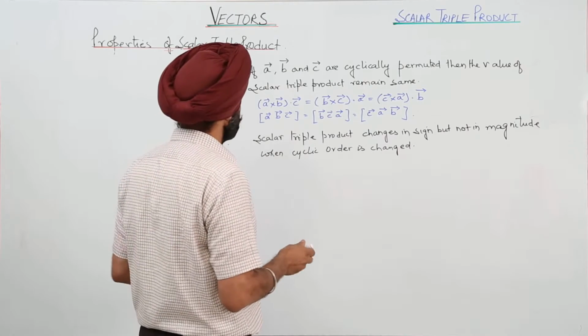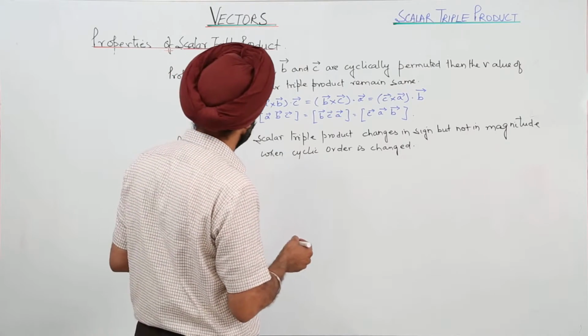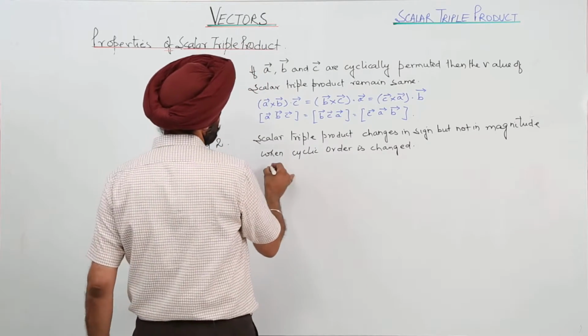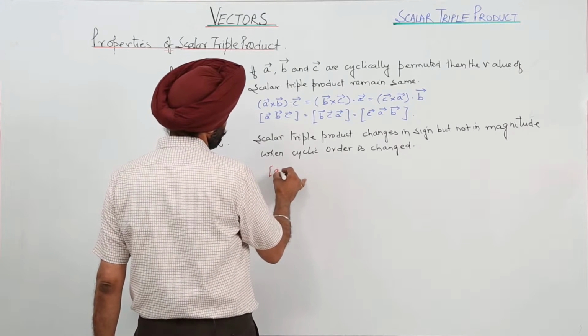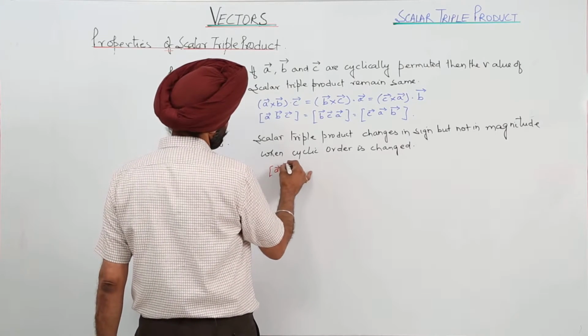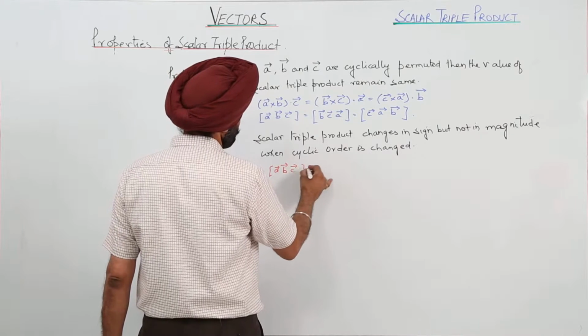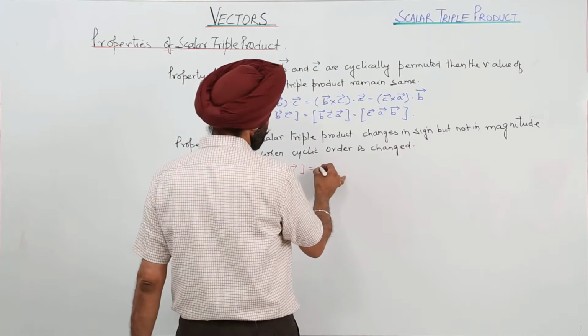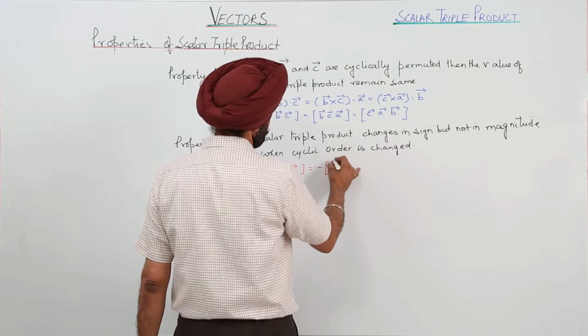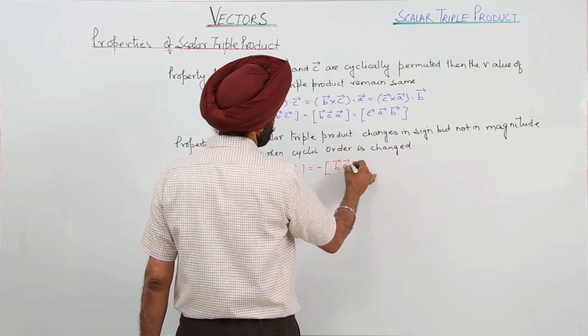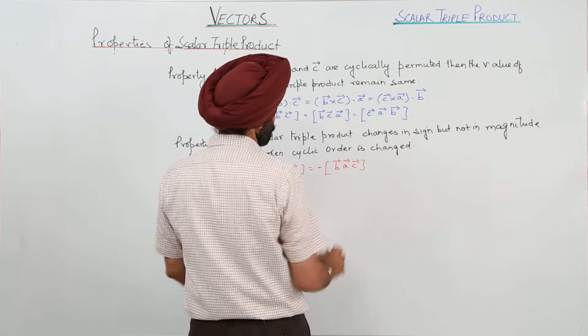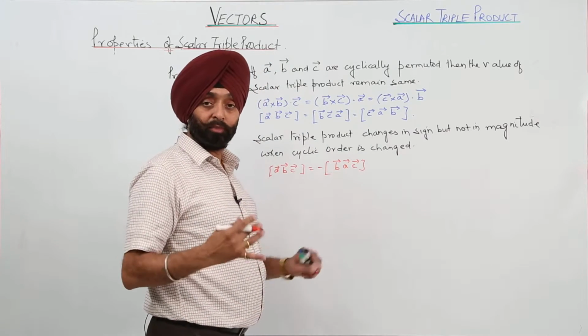Okay. So, now this will be [A, B, C]. Now, this can be written as negative of [B, A, C]. Look here, B and A order has been changed.